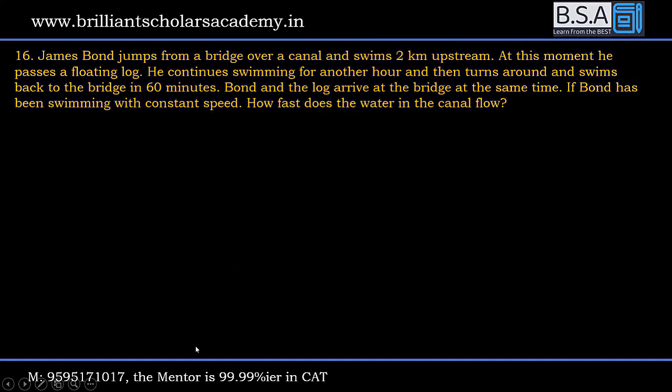Moving on. भाई जेम्स बॉन्ड का सवाल है, be careful. James Bond jumps from a bridge over a canal, swims 2 kilometers upstream. At this moment, he passes a floating log. He continues swimming for another hour and then turns around and swims back to the bridge in 60 minutes.